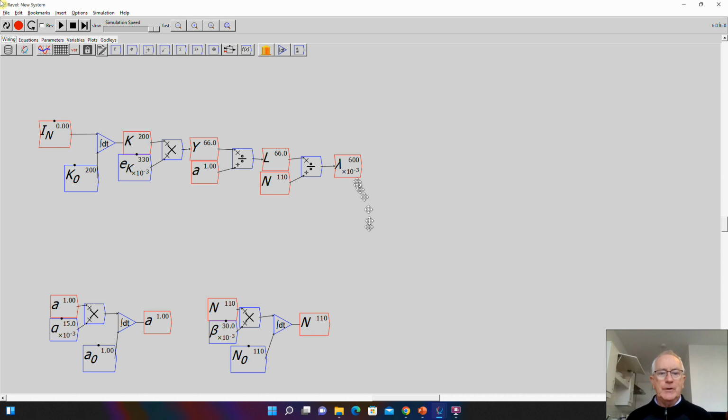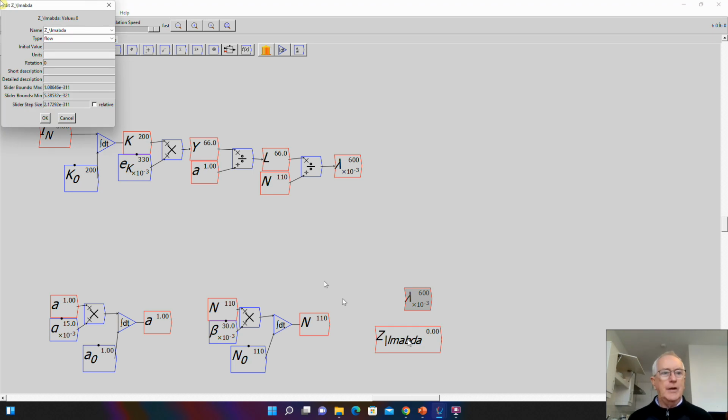Okay, so now I want to, again, notice that square cursor effect. Take a copy of lambda, and now I'm going to have z, lambda as before, z underscore backslash lambda, and I've misspelt that. Let's go and fix it up before we give it to Minsky to interpret. Lambda as a parameter, value of 0.6.